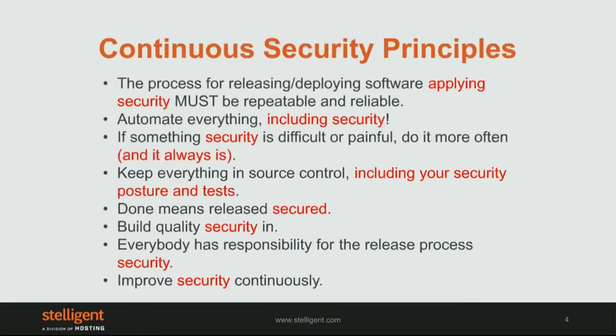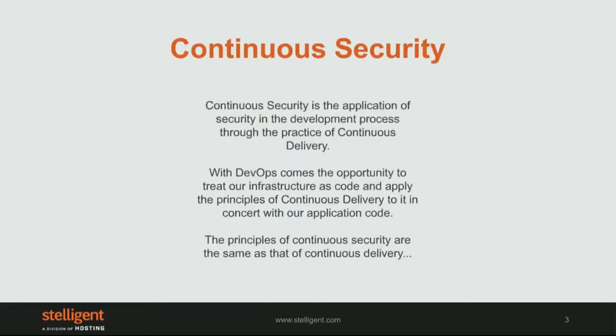So today we're going to talk a little bit about continuous security in the AWS cloud. Continuous security is really a very simple concept. It's the concept of securing your environment through the practice of continuous delivery.